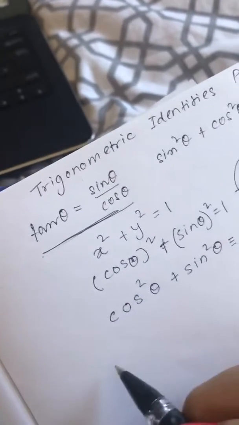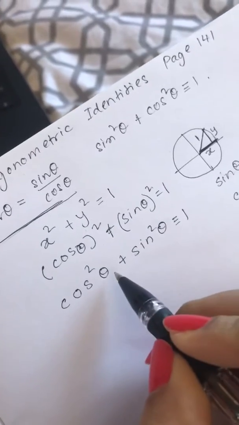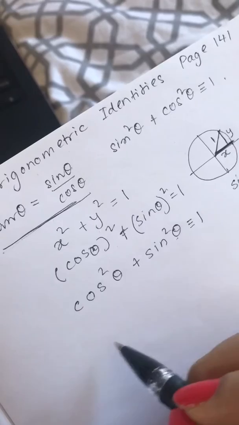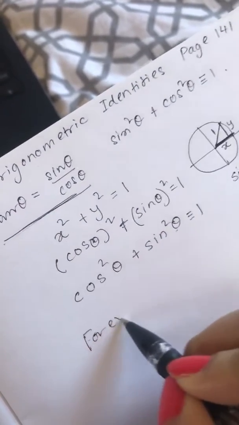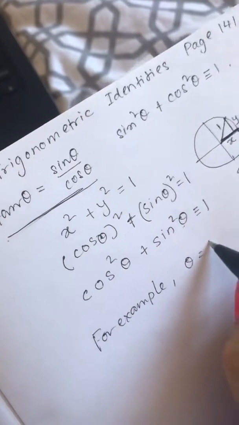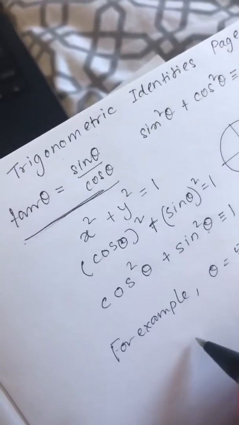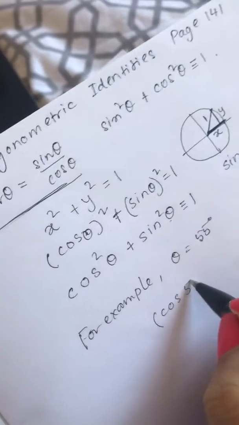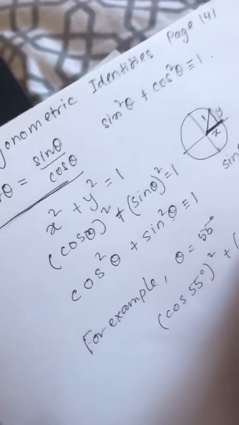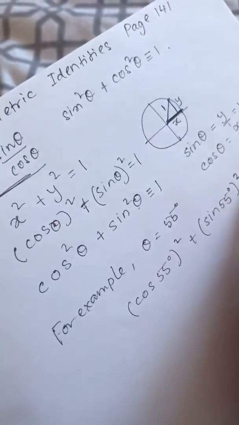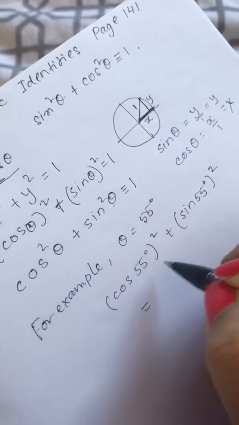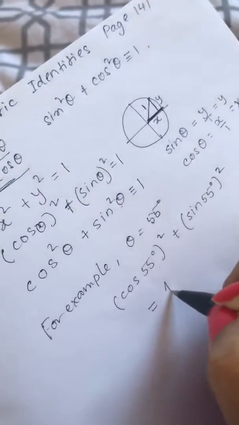And what it means is that if you put in any value for theta in your calculator, for example, let's say theta is 55, and you put cos 55 degrees, square it, then put sine 55, square it, you'll see that any time you use any angle, obviously the angles have to be the same, it gives you 1.